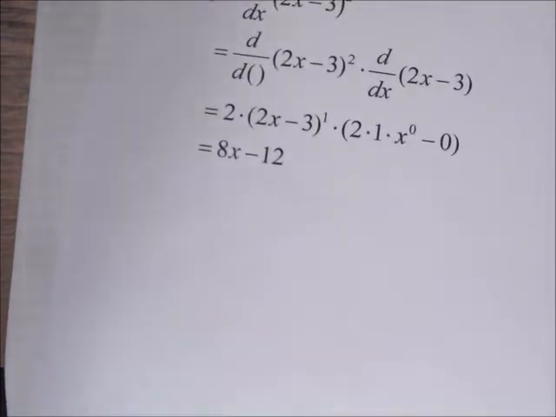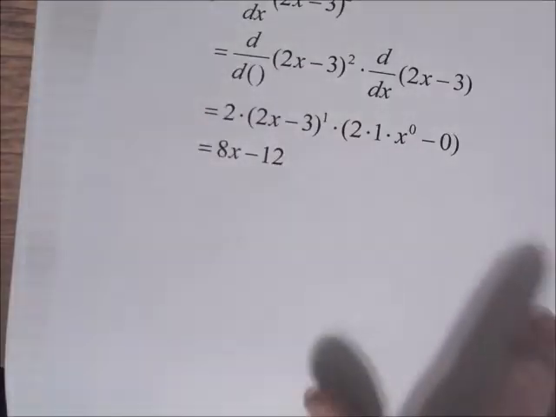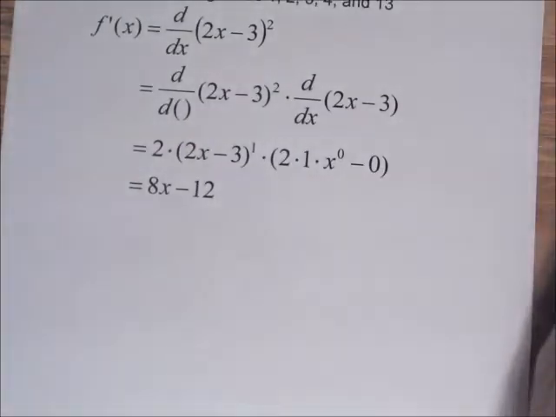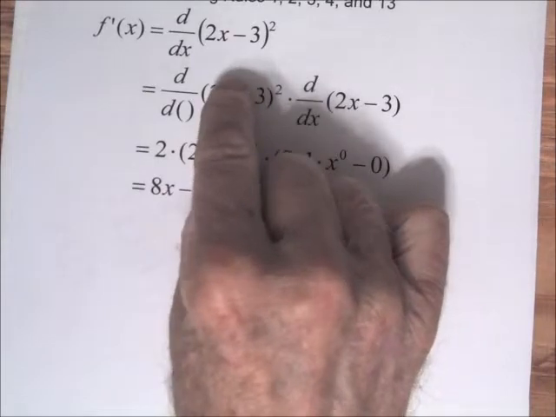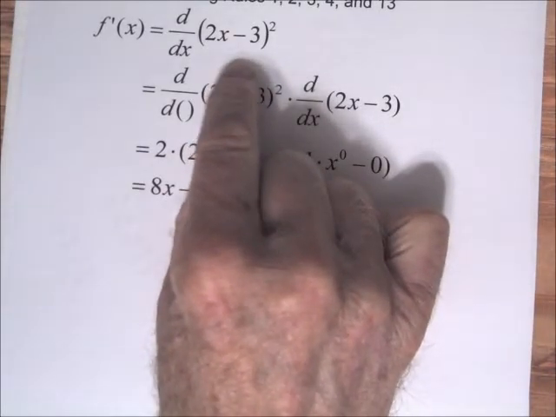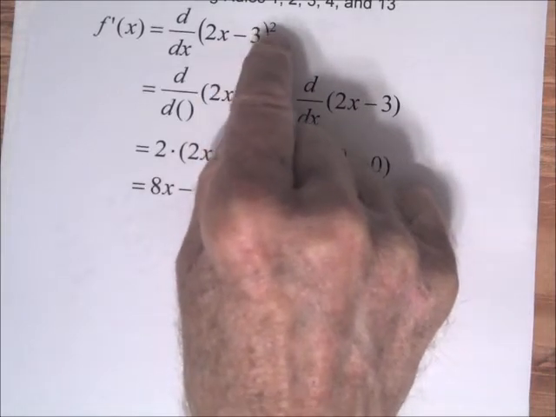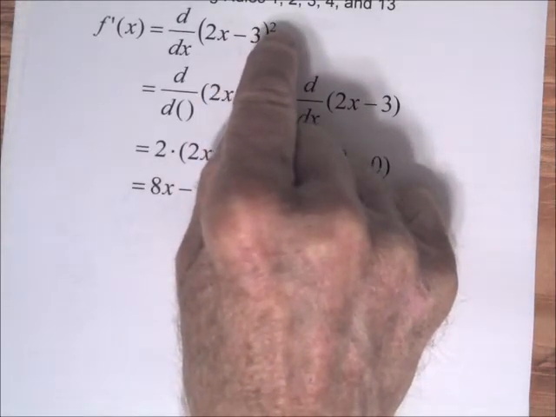And we can also do this using the chain rule. The other way of doing it, we want to take the derivative of the function where the outside function is squaring.